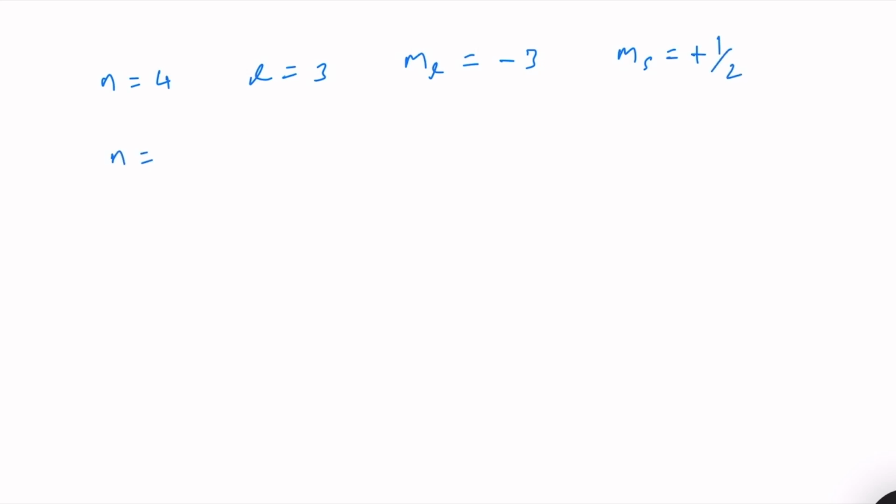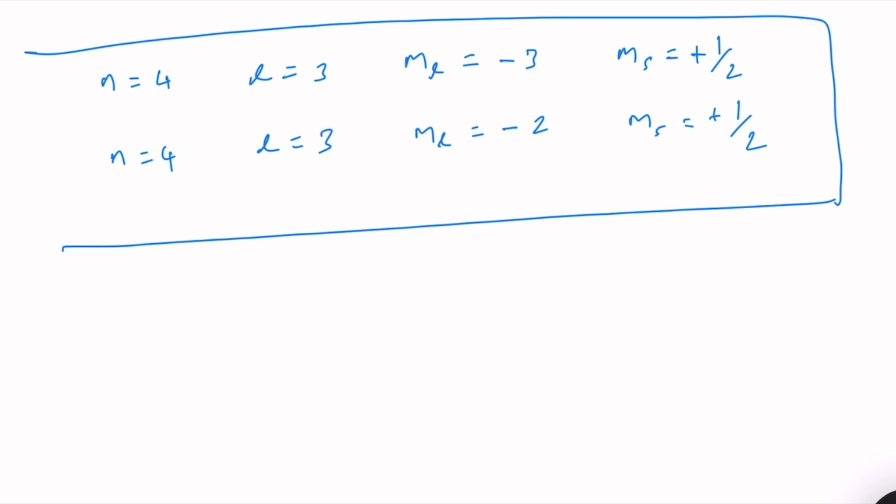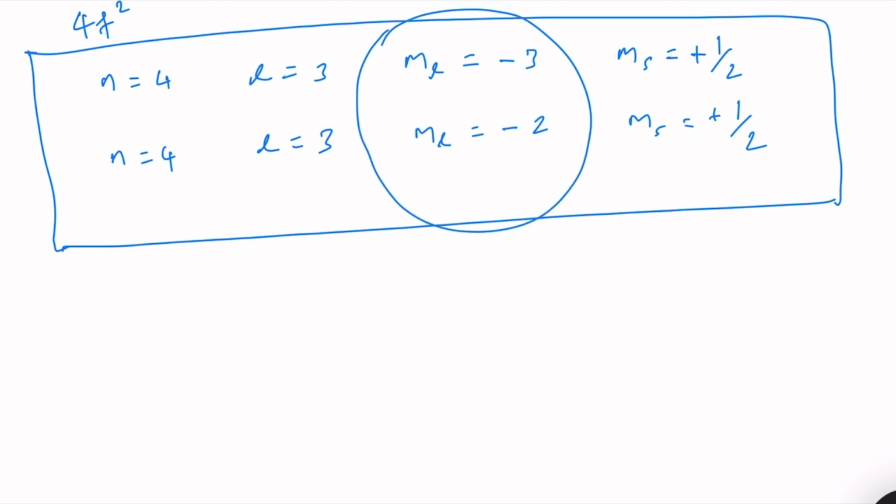For the second electron, n value is 4, L value is 3 and the magnetic quantum number value is minus 2 and the spin quantum number value is plus half. So, these are the 4 quantum numbers for the 2 electrons, 4f2. It is the magnetic quantum number that differentiates these 2 electrons.